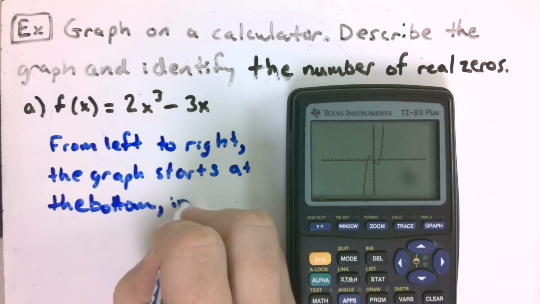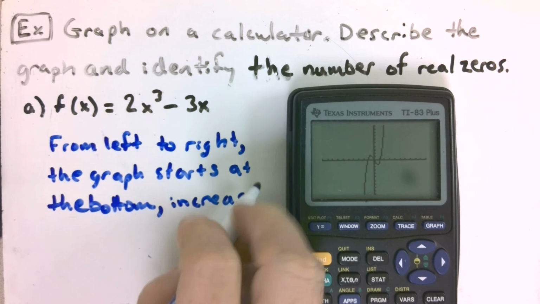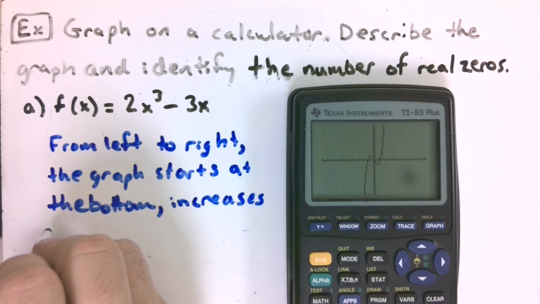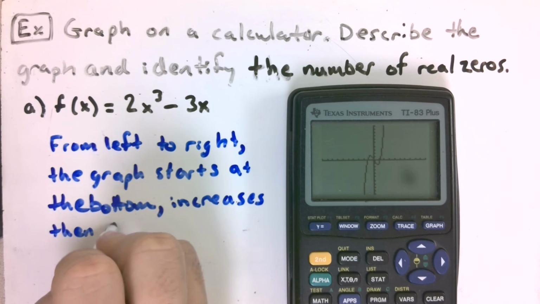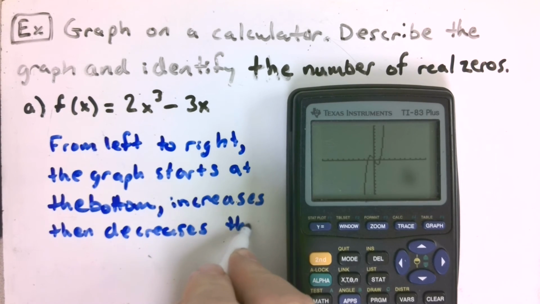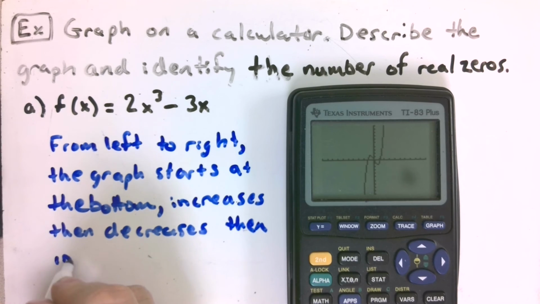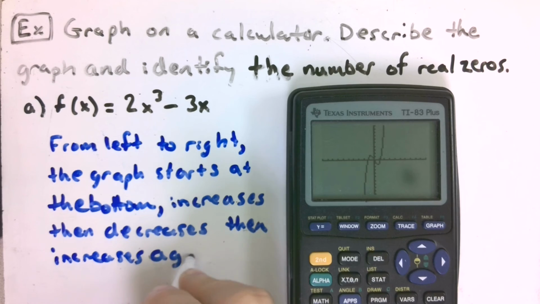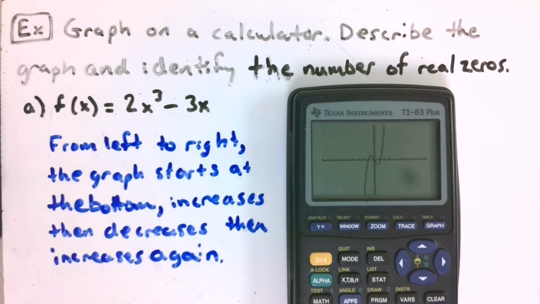It increases because it's going upward as we read it from left to right. Then decreases, and then increases again. So your description can be something along that line.